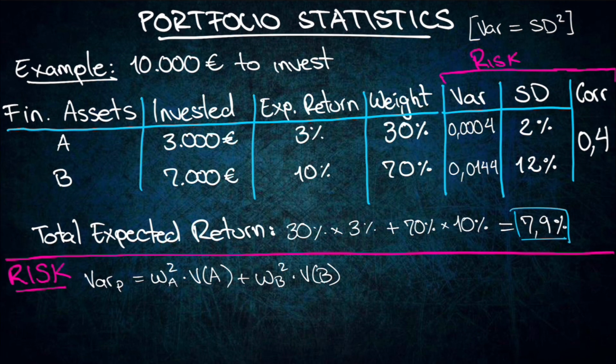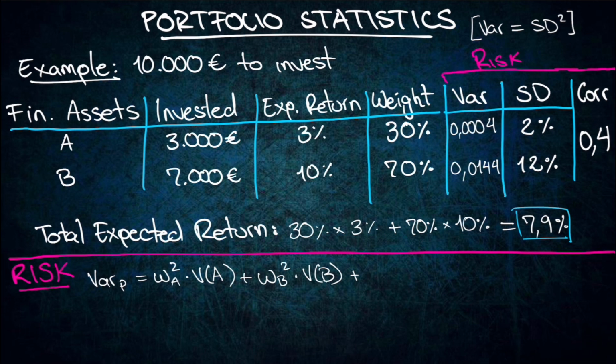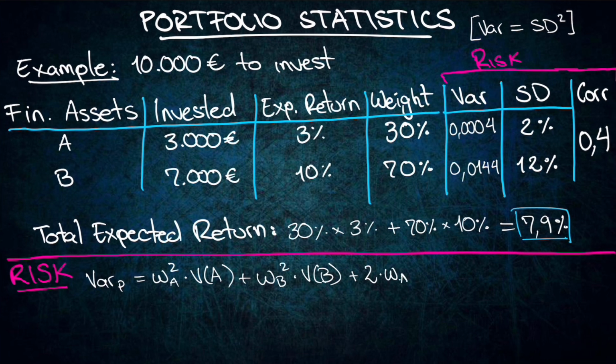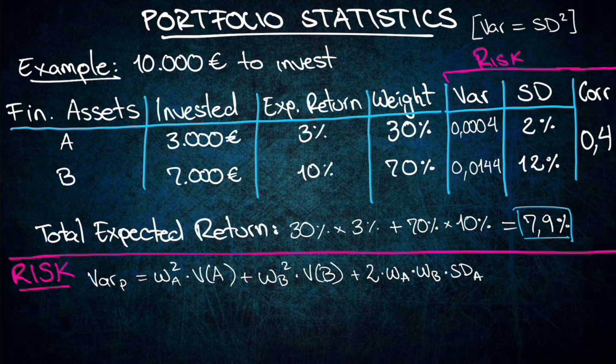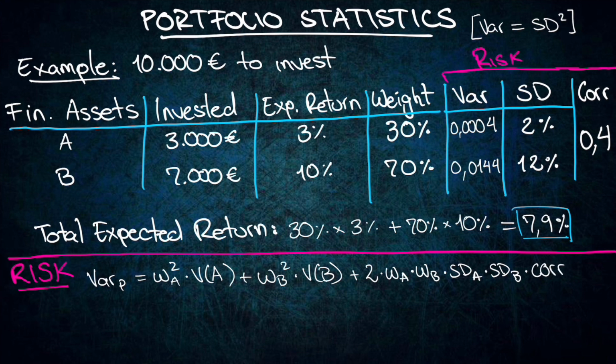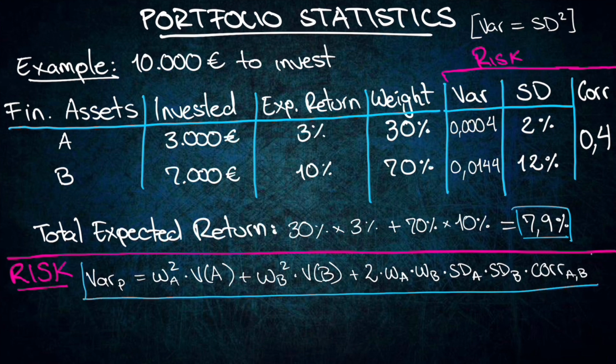After that, we will add 2 times weight A multiplied by weight B multiplied by the standard deviation of investment A multiplied by the standard deviation of investment B, and that again by our correlation.